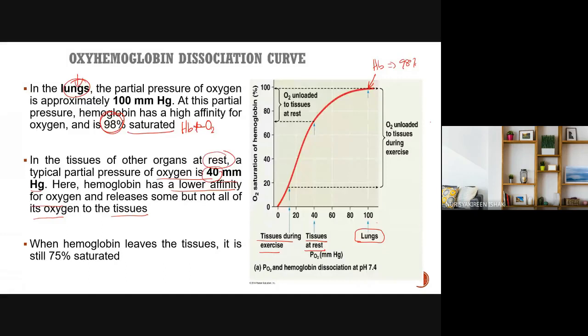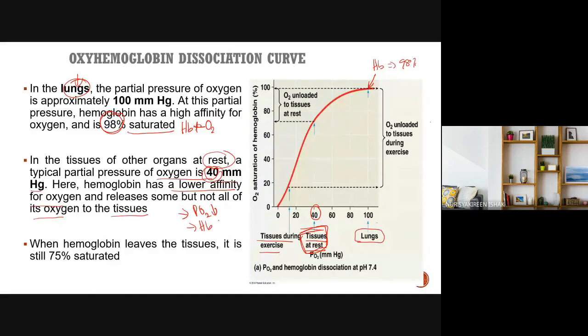So bila hemoglobin reach body tissue, kan tadi kita tengok body tissue partial pressure dia 40. Faham? So bila hemoglobin reach at this area of low partial pressure, partial pressure of oxygen is low.